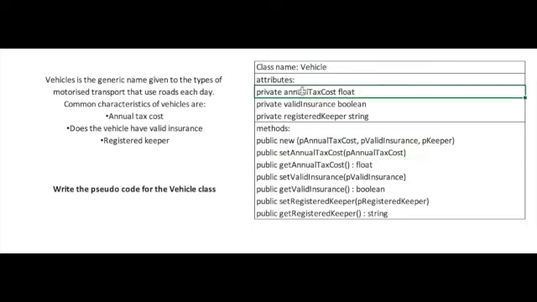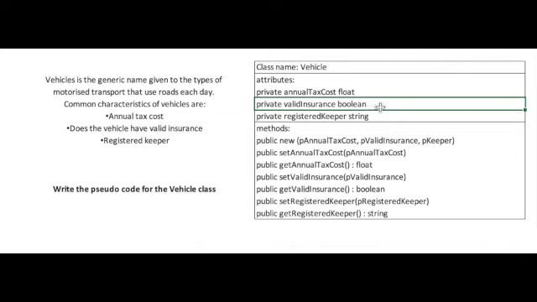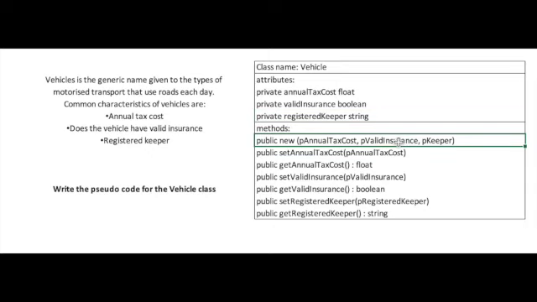So we notice that the private annual tax cost is defined as the primitive data type float, valid insurance is Boolean, and registered keeper is a string. Our constructor method, remember constructors are specialist methods that create objects from classes, requires 3 parameters for annual tax cost, valid insurance, and registered keeper.